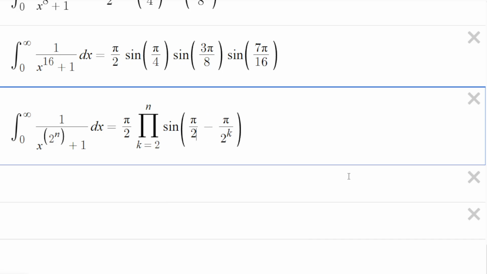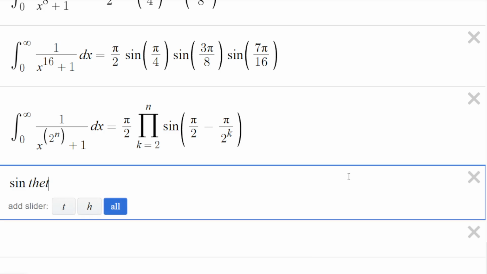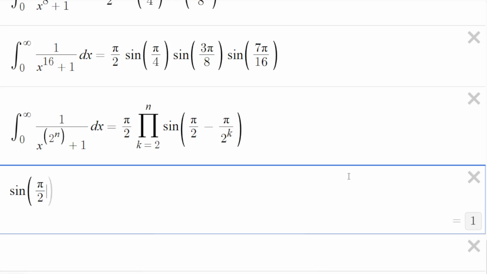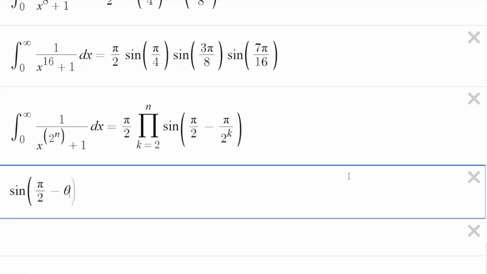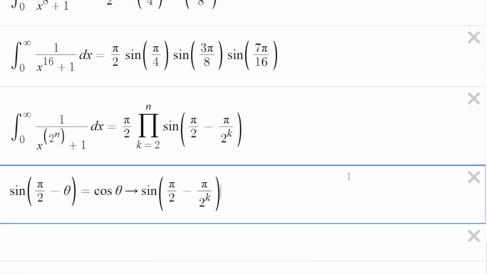Now let's use sine of pi over 2 minus theta equals cosine theta, to imply that sine of pi over 2 minus, now this is our theta, is going to be equal to cosine of pi over 2 to the k.